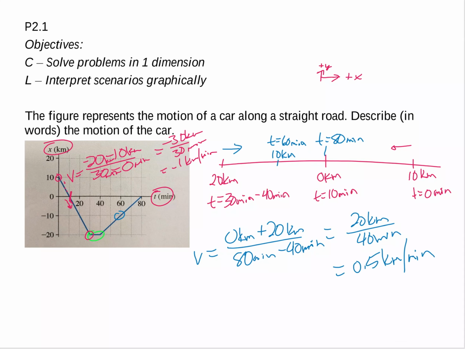Okay, so we have our speeds now. What about the one that I circled in green there? The stop. 0 kilometers for 10 minutes. 0 kilometers per minute. We're not moving.